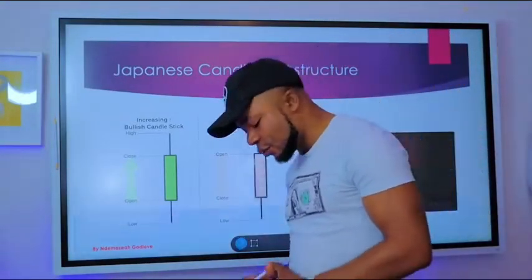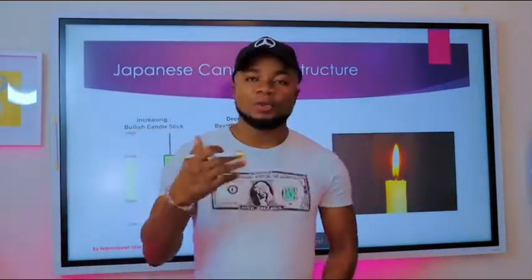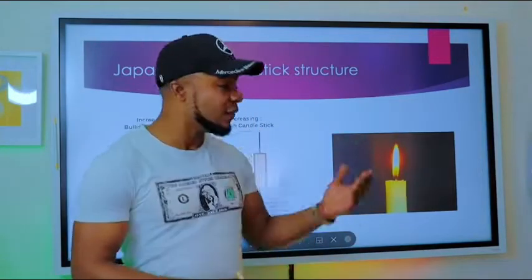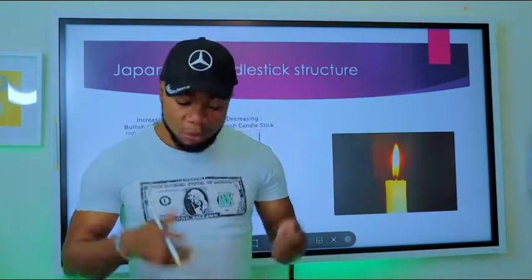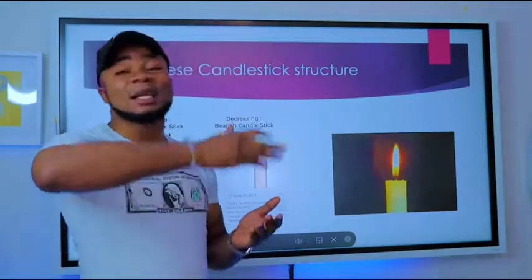In today's video, let me make this very clear so that the more you keep hearing these words, at least you should be familiar with them. I'm already using the words assuming that you already know most of this concept. If I'm talking about a bullish candle, it means a candle which was in an increasing market.